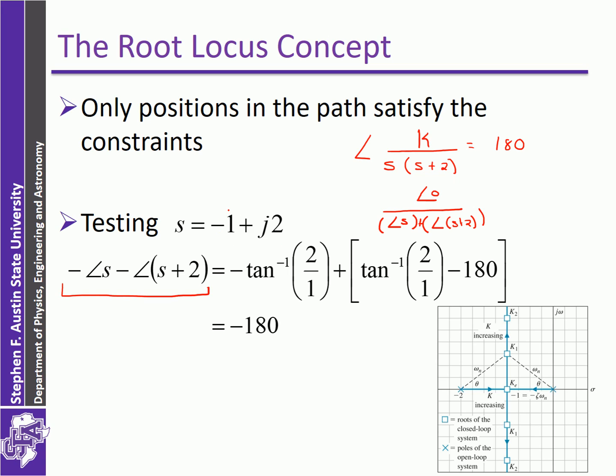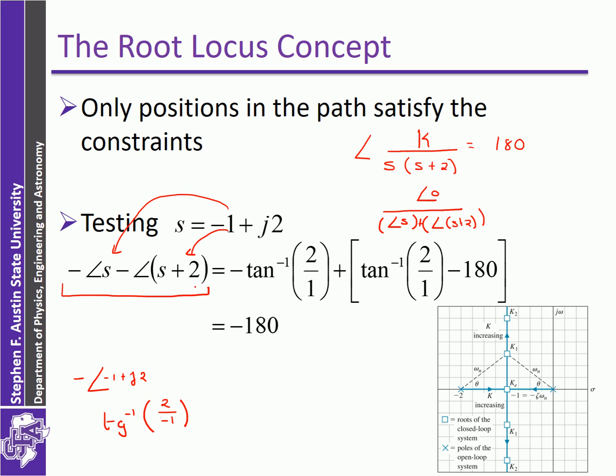Then we substitute the values here and here. When we have minus the angle of -1 plus j2, this is basically the arctangent of 2 over -1.